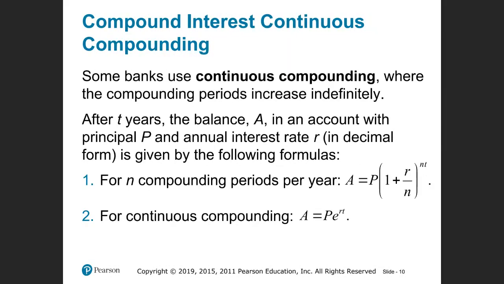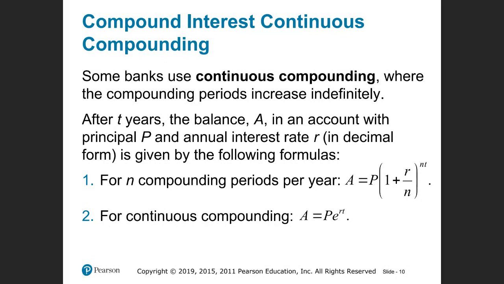On the next slide, we're going to look at continuous compounding. Some banks do use continuous compounding where the compounding periods increase indefinitely. This is yet another formula. After T years of balance A in an account with principal P, remember the A, the P, the T still stand for the same thing, and the annual interest rate R in decimal form is given by these formulas.